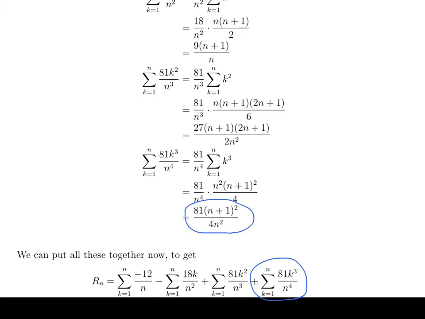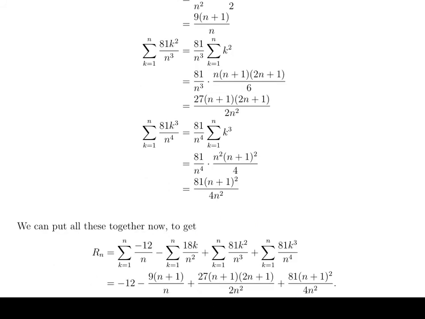And we'll do that for all four of these. We've calculated a simplified version for each one. Okay, so here's what we get just by replacing all those pieces together. Okay, now again, we have not yet evaluated a limit because a definite integral is really a limit. All we've done is some simplification to tell us what r sub n looks like. Now we'll evaluate a limit.